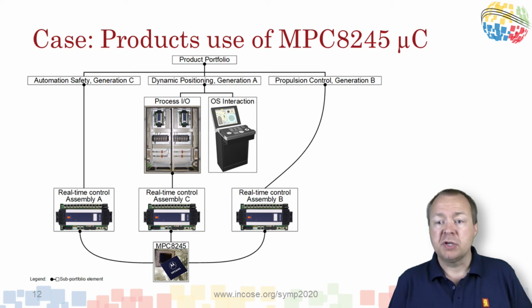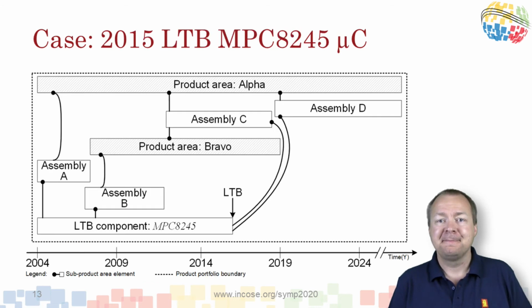The slide shows 3 different product generations using different real-time controllers, all built on the MPC8245. KM first started to use the MPC8245 in its designs in 2004. In the years following, more designs and product areas start to use the component.